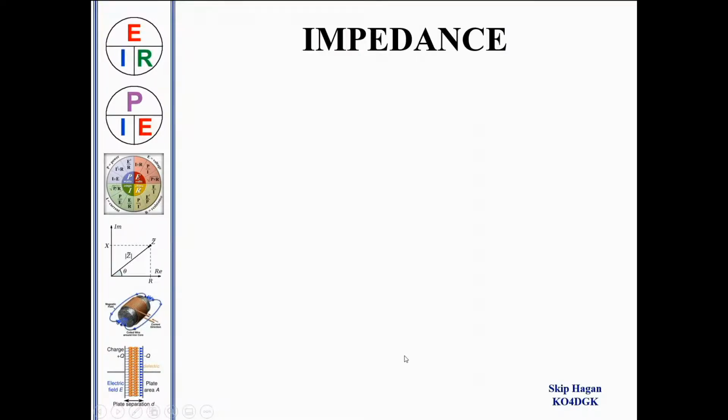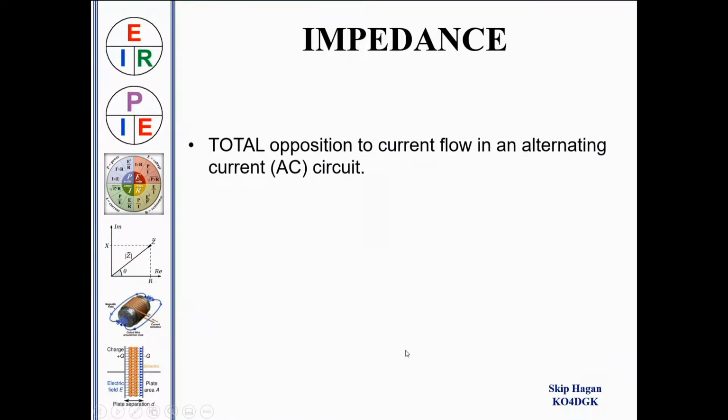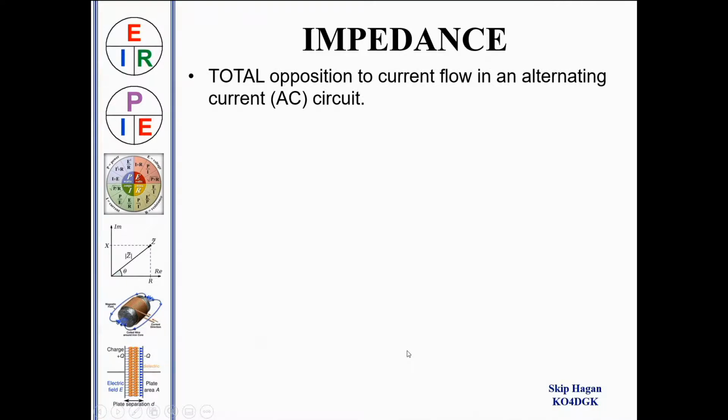Impedance draws all three of these factors together. Impedance is the total opposition to current flow in an alternating current circuit. Total opposition to flow. And that includes the reactive components.